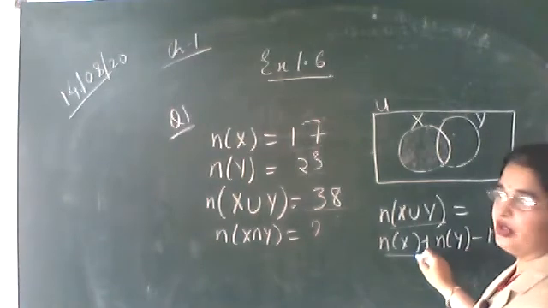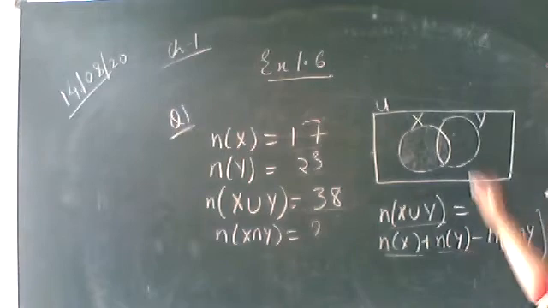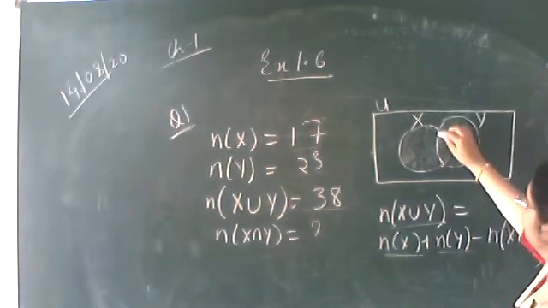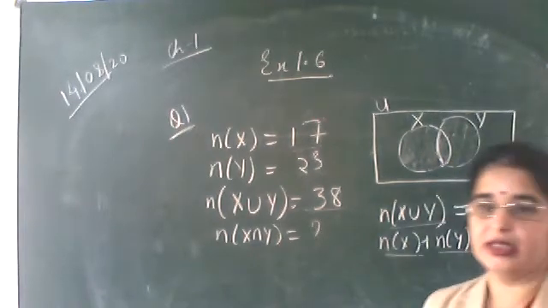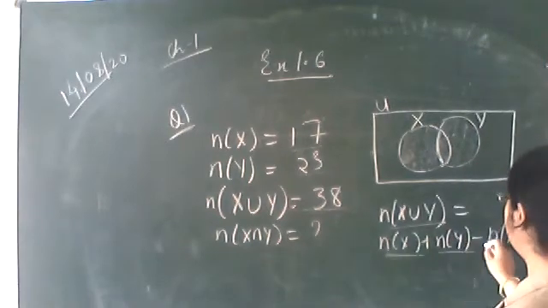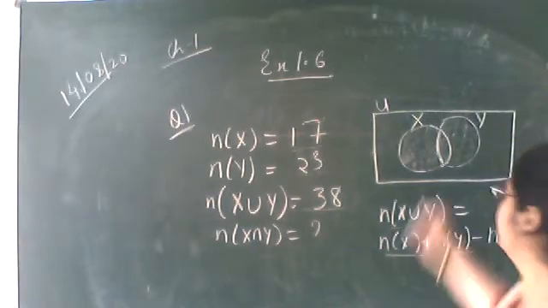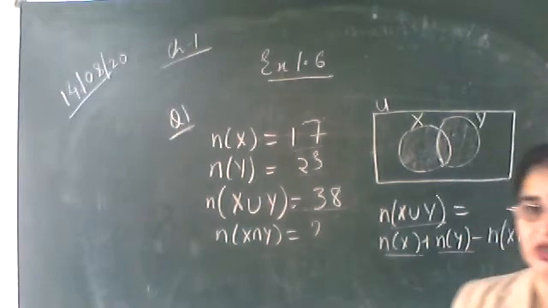When we talk about n(y), all the elements of y, again this common part has come. So this common part has come twice. So we do n(x) plus n(y) minus, once, the intersection part, since it is coming twice, so we subtract it. This way we got the formula.